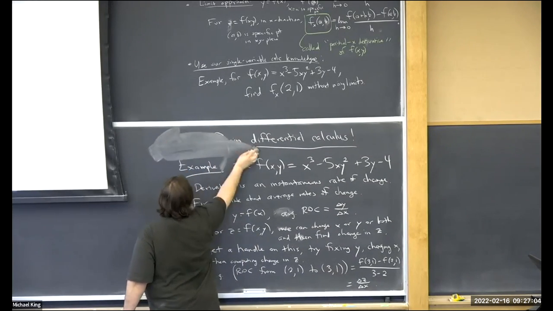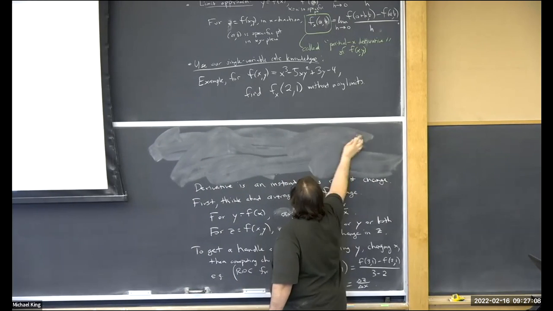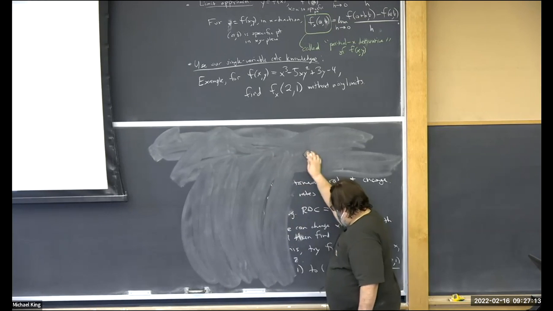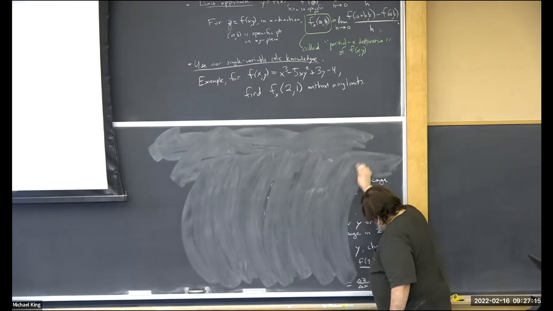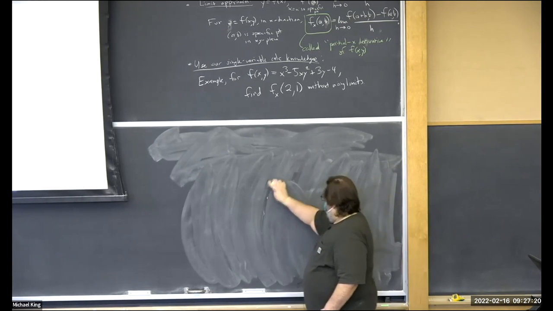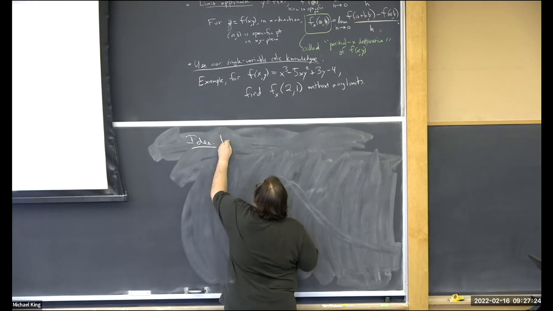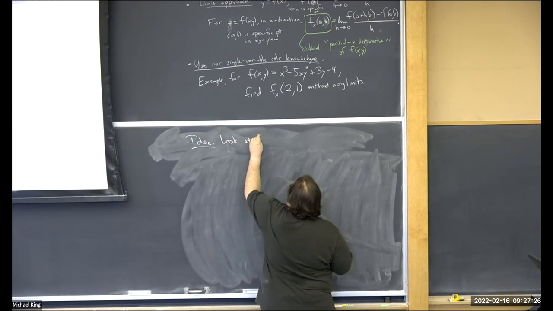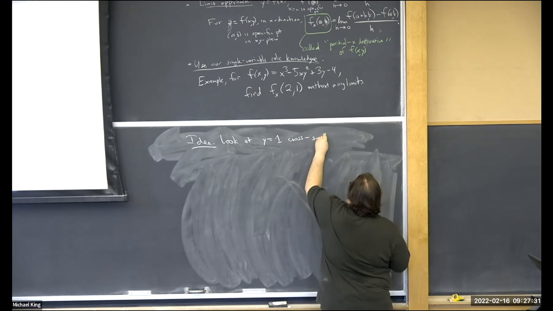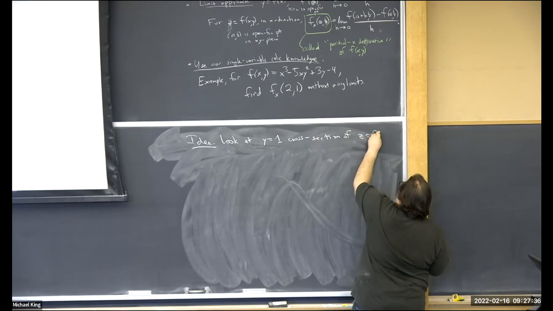So if we want to piggyback on our knowledge, the idea is look at the y equals 1 cross section of z equals f of x comma y, right?